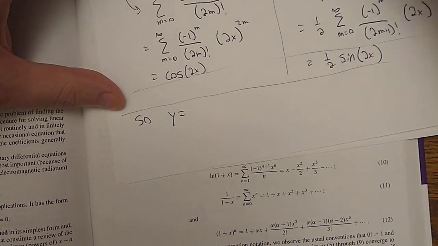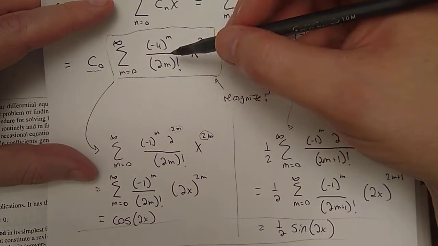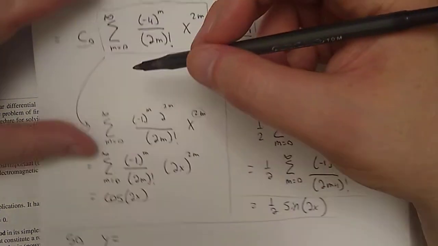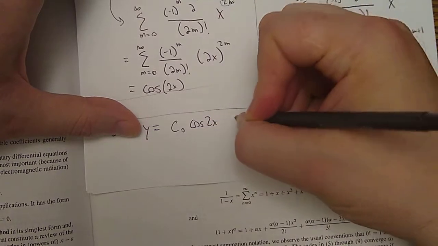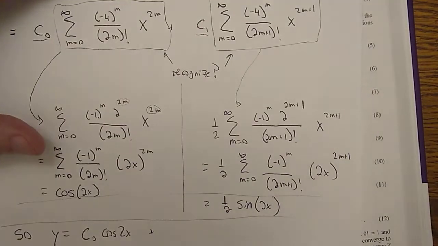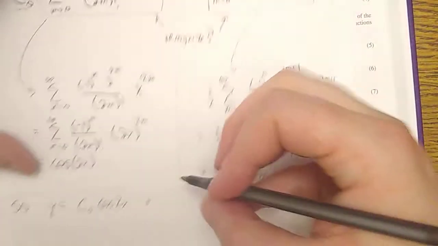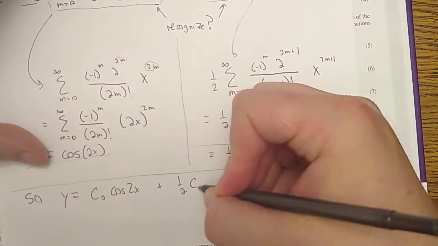So going back, y was c0 times this one, which is cosine 2x, plus c1 times this one, which is 1/2 sine 2x. So 1/2 c1 sine 2x.